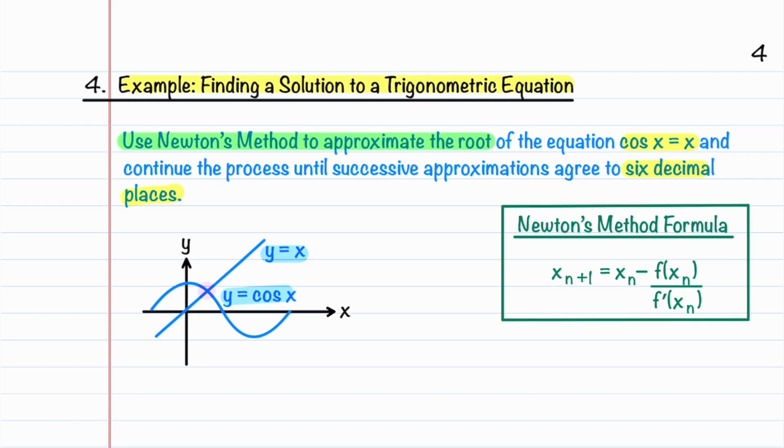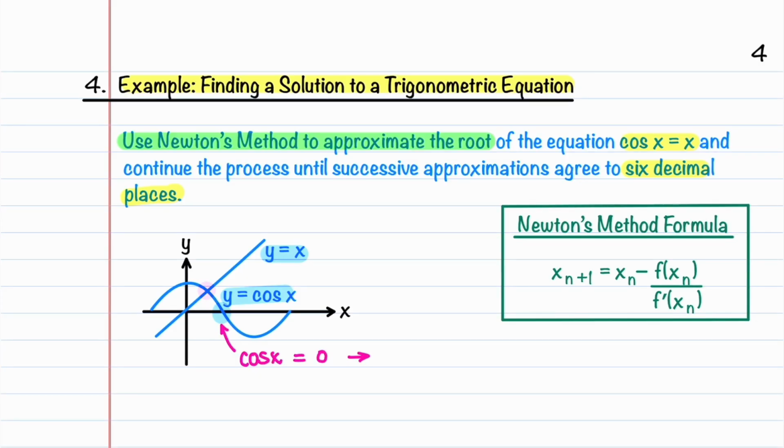When we use Newton's method, we have to start with an initial approximation. So let's look at this point right here, and let's see what the x value is of that point, and then we can choose an initial approximation close to that value. At this point right here, cosine x is equal to 0.